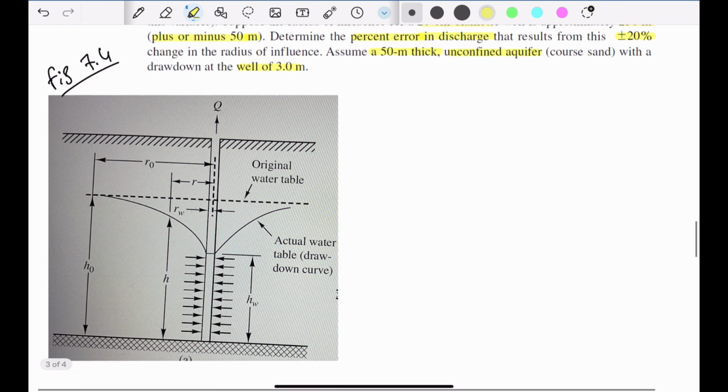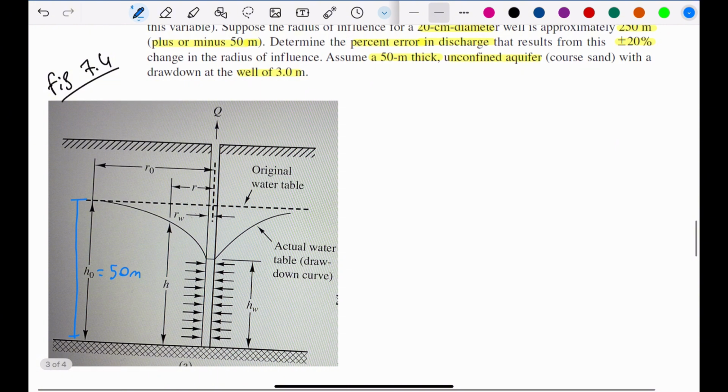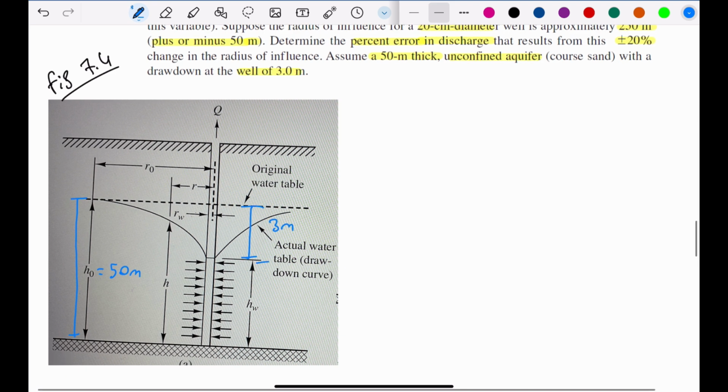So first, let's draw what we have. We know that the thickness is 50 meters. So here HO is 50 meters. And we also have a drawdown, which is 3 meters. So here we will have HW, which is the height at the well.